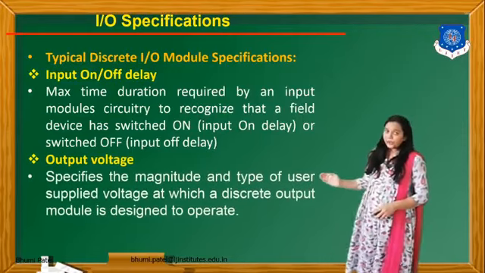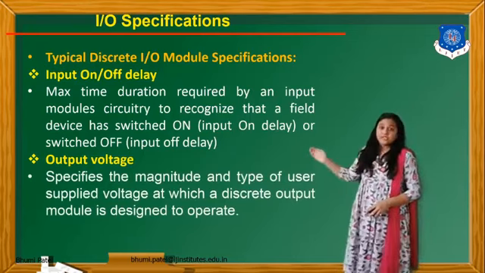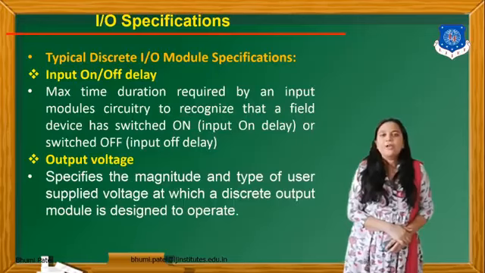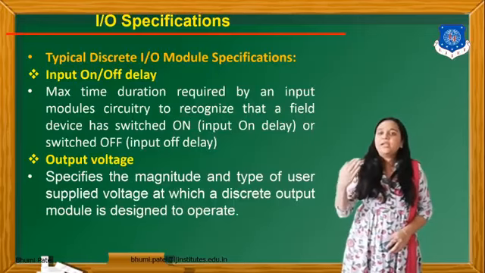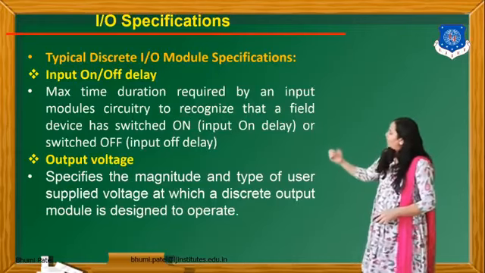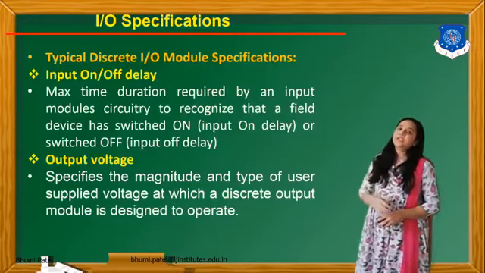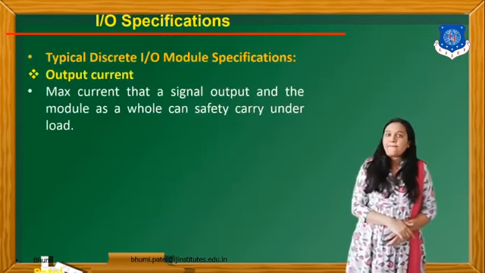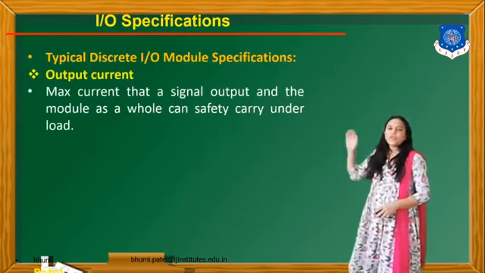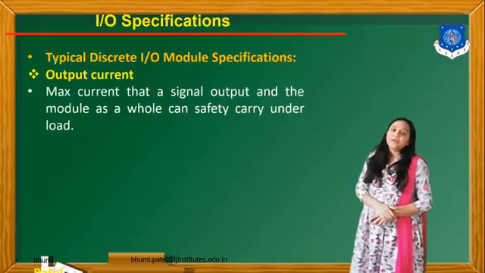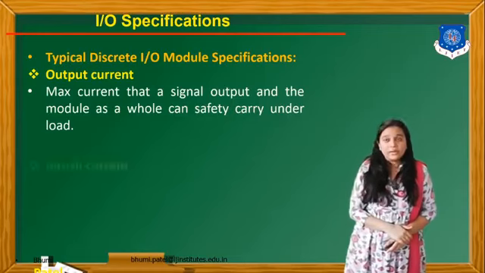Okay. Next one is the output voltage. It specifies the magnitude and types of user supply voltage at which a discrete output module is designed to operate. Same like the input voltage, we have to specify the magnitude and the types of user voltage for the output voltage. The next one is the output current, the maximum current that a single output module can safely carry under the load.